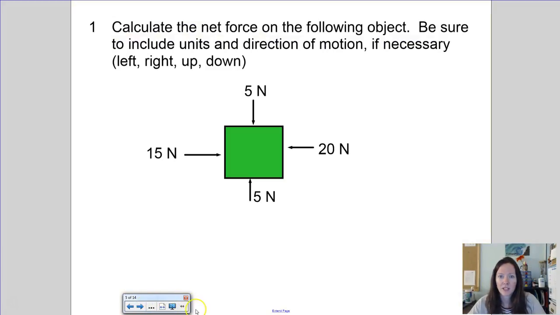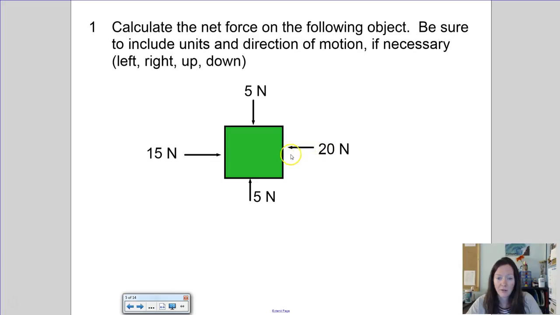Let's look at a couple other examples. Here I just simplified it and made this a green box, and here are some forces working on the object. Again, you're going to look at the size of the force in numbers and the direction of the force, which I indicate by the arrows. Remember that opposite forces are subtracted. So if we look at these two 5s, they're working in opposite directions, so you subtract them. 5 minus 5 is 0.